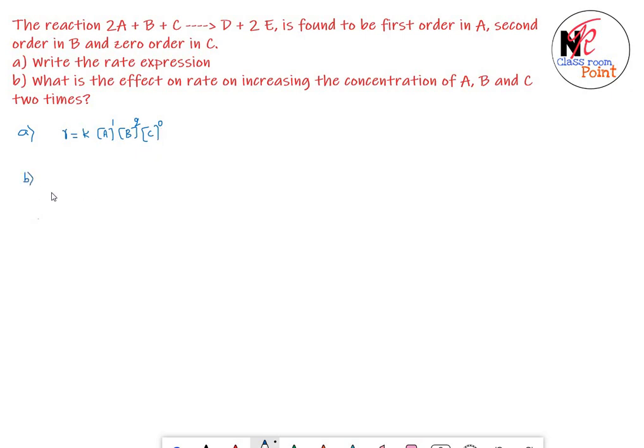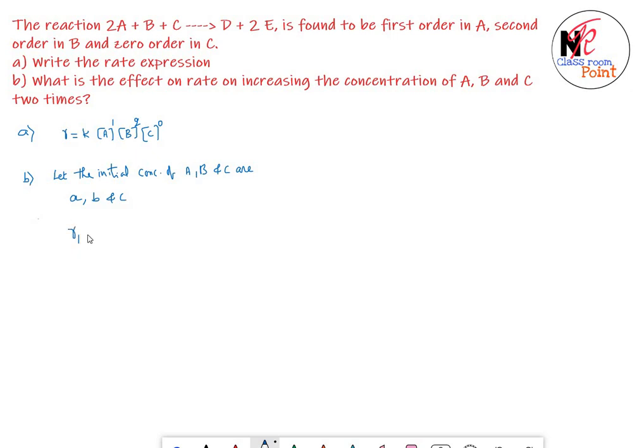Now let us go with option B. What is the effect on rate of increasing the concentration of A, B, C 2 times? Here we don't have their initial concentration values. So let the initial concentrations of capital A, capital B and capital C be small a, small b and small c, and let us write down the rate expression.